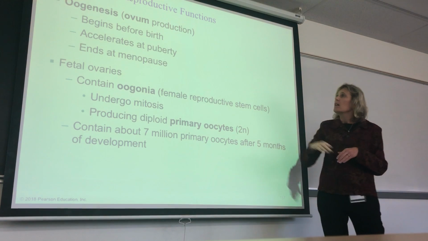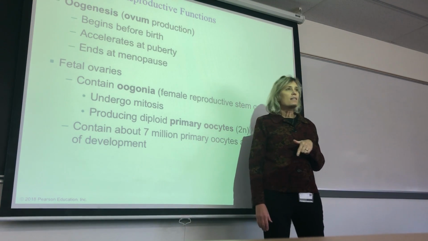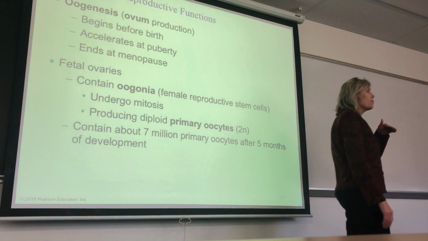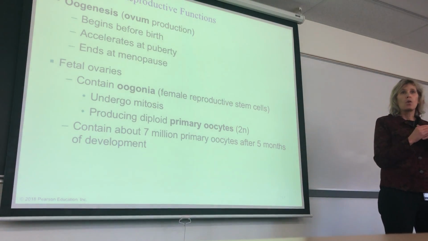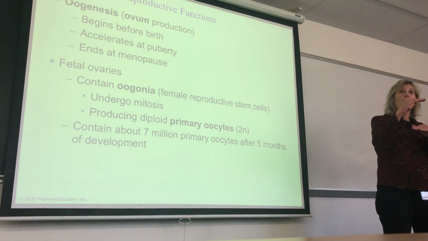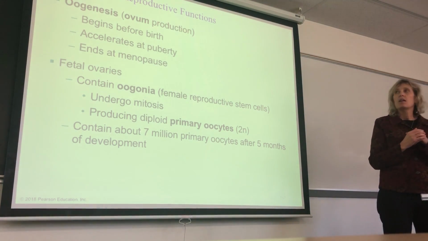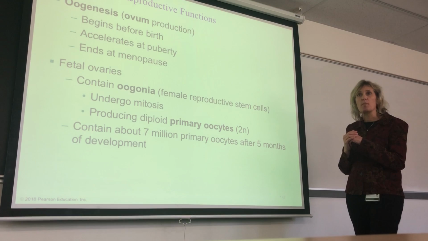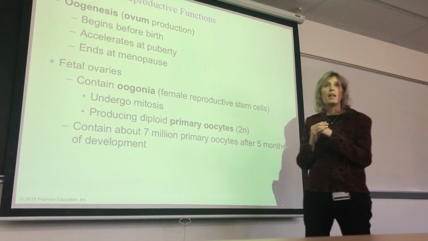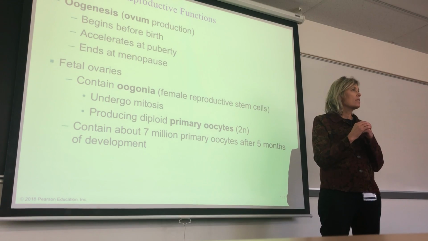In the female, oogenesis begins before birth. So we're going to see that before birth, those oogonia are going to become primary oocytes, and then they halt there. It starts before birth and it halts as a primary oocyte. Then it will continue going through meiosis once the girl gets to puberty.